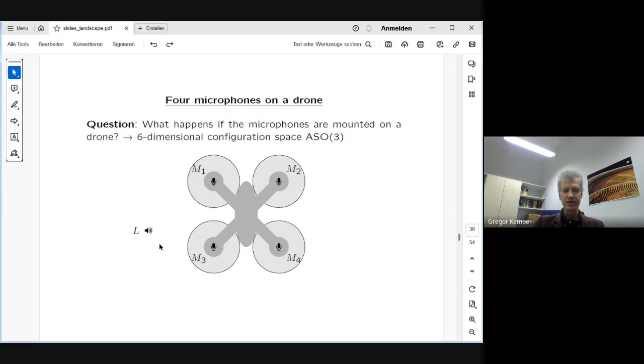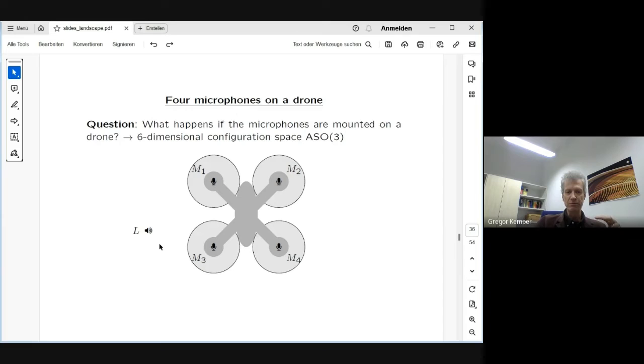So does that work? And how is that different? Well, it's different because now we don't have 12 independent parameters anymore, but just 6, because the possible drone positions are in a 6-dimensional configuration space. And there are bad positions where ghost walls occur.